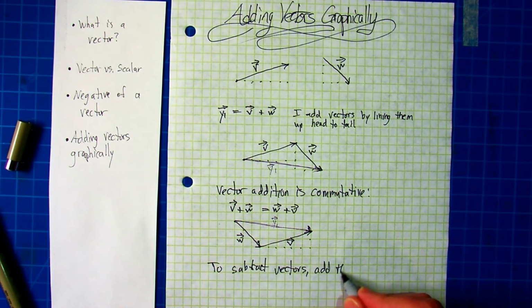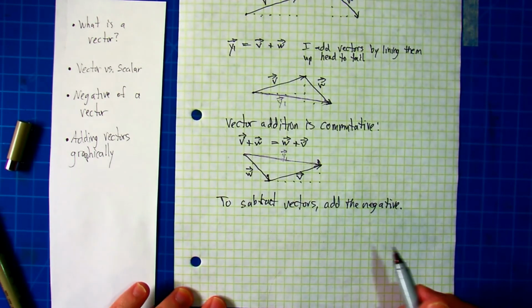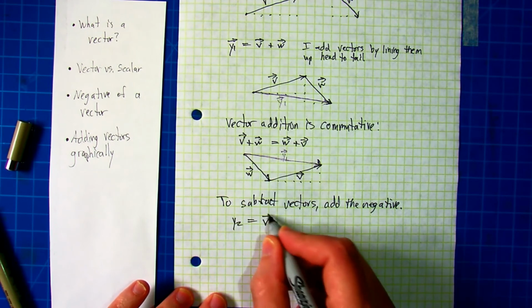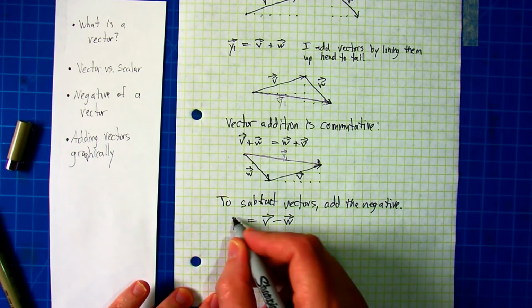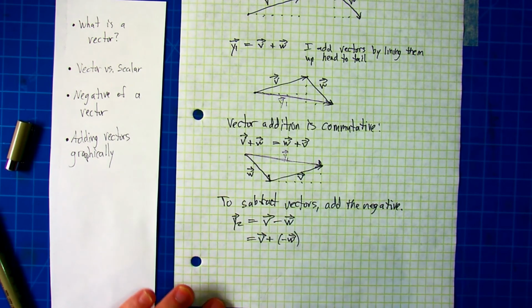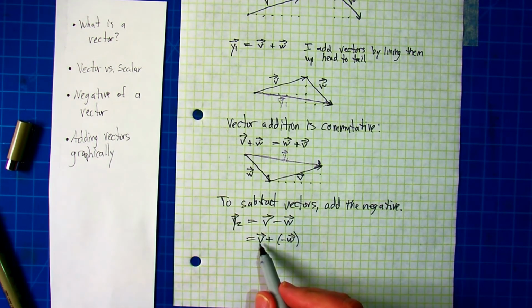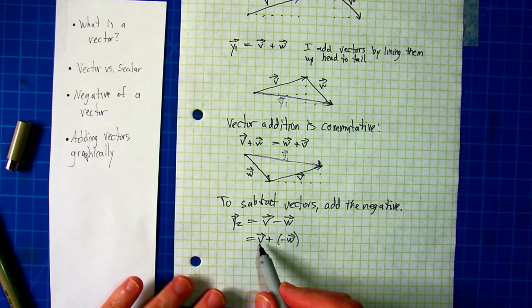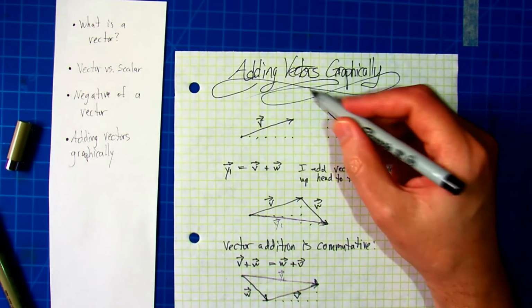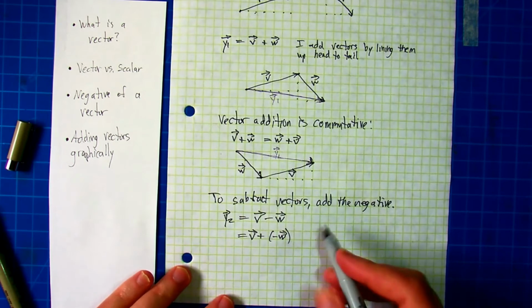To subtract vectors, we're going to add the negative, just like you might have learned subtraction way back in the day. What that means is if you want to compute y2 equals v minus w, what you're going to do is v plus negative w. So we just add these two together. So start at v, and you have to plan ahead a little bit here, because if w goes down like this, negative w would go up like this.